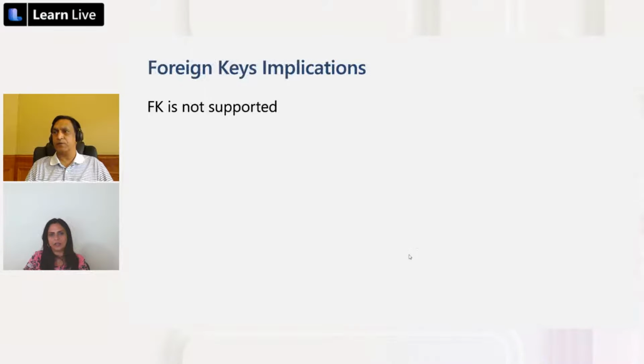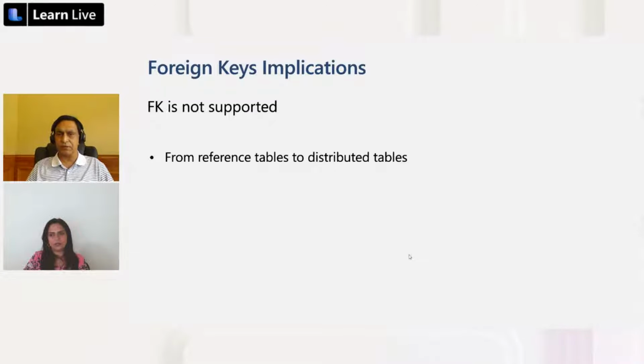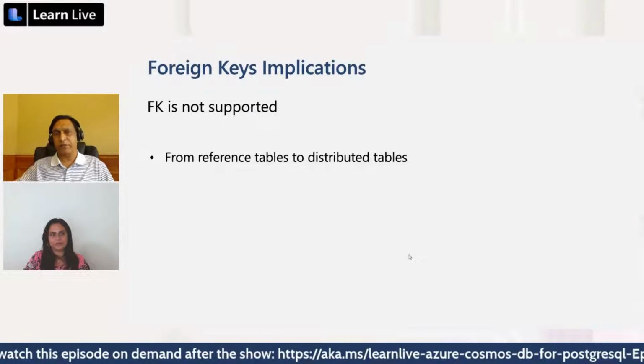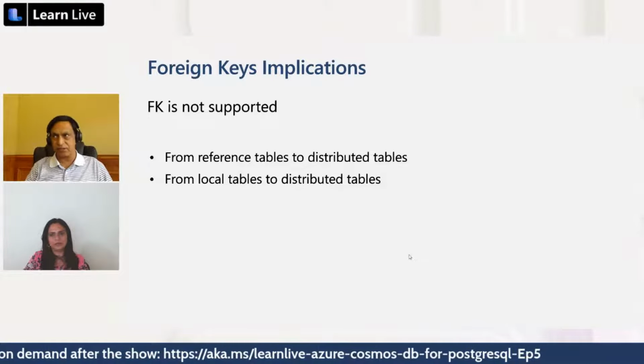So these are the rules, but what is not supported is the connection from a reference table to a distributed table. So basically, the reference table having any dependency on a distribution table, because the distribution table is distributed into different nodes. That's where it is not supported.